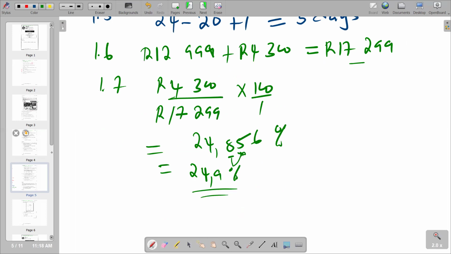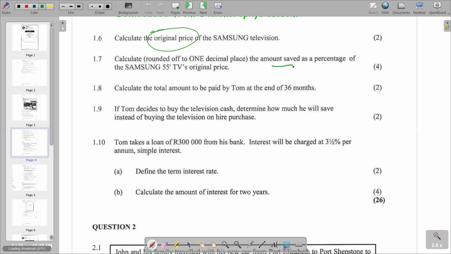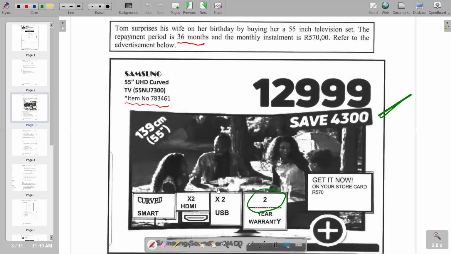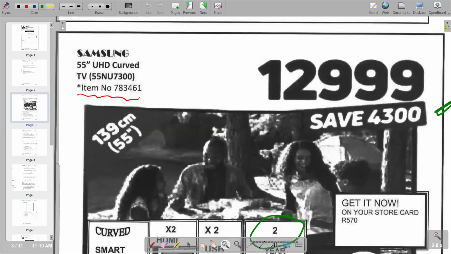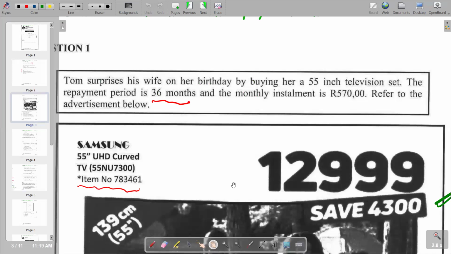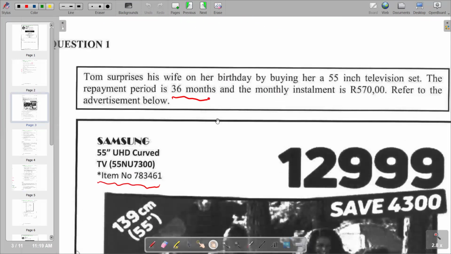We move on to 1.8. So 1.8 is calculate the total amount to be paid by Tom at the end of 36 months. If you refer to the information that we are given at the beginning of the question, we are being told that the repayment period is 36 months, but the monthly installment is 570 rands.